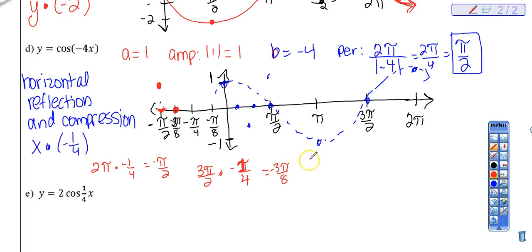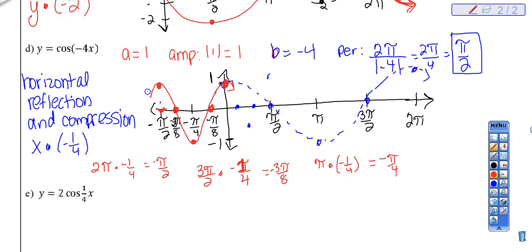Then I'm going to take this point right here at pi, multiply it times negative 1/4. That gives me negative pi over 4. So this point that was at pi is coming over here to negative pi over 4. And I think that you can see the pattern at that point, and you can see the reflection and the compression.